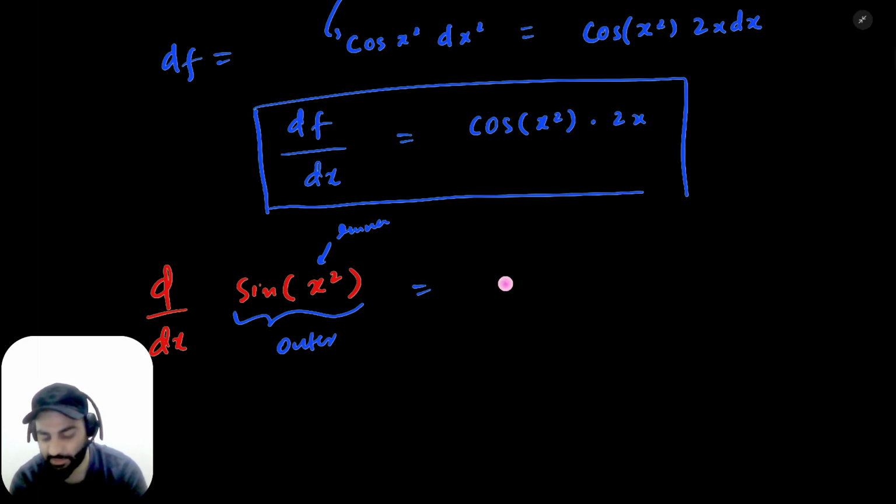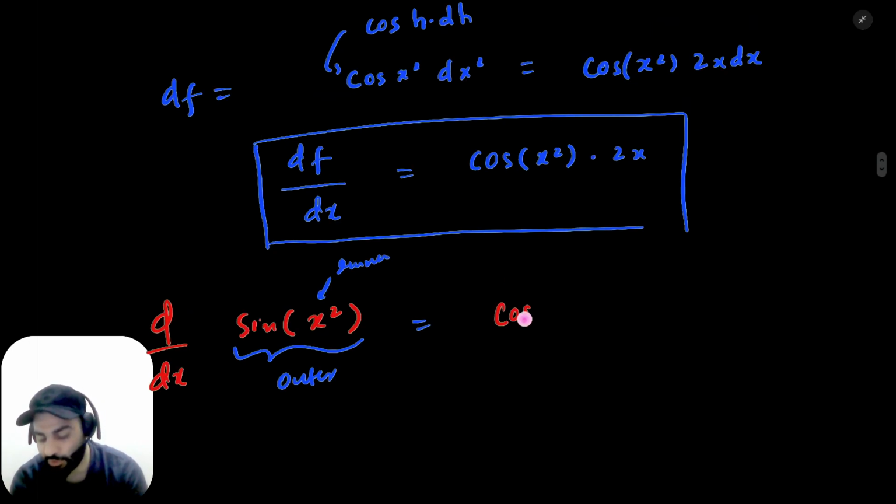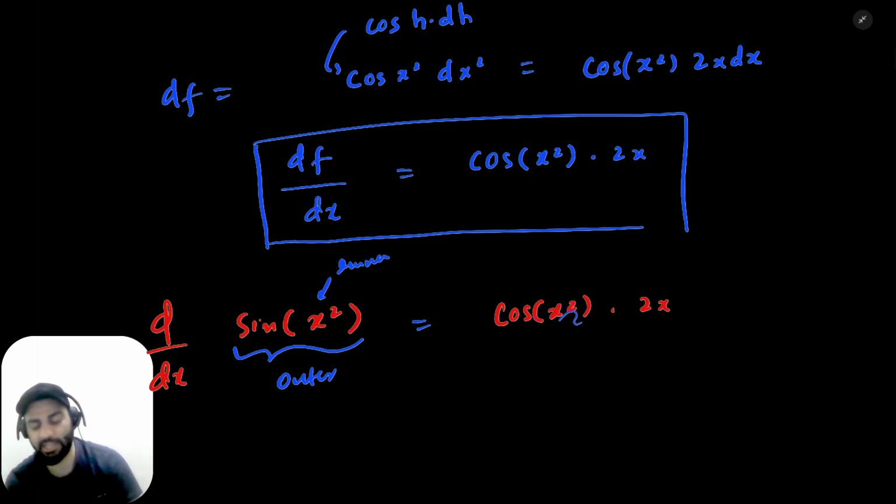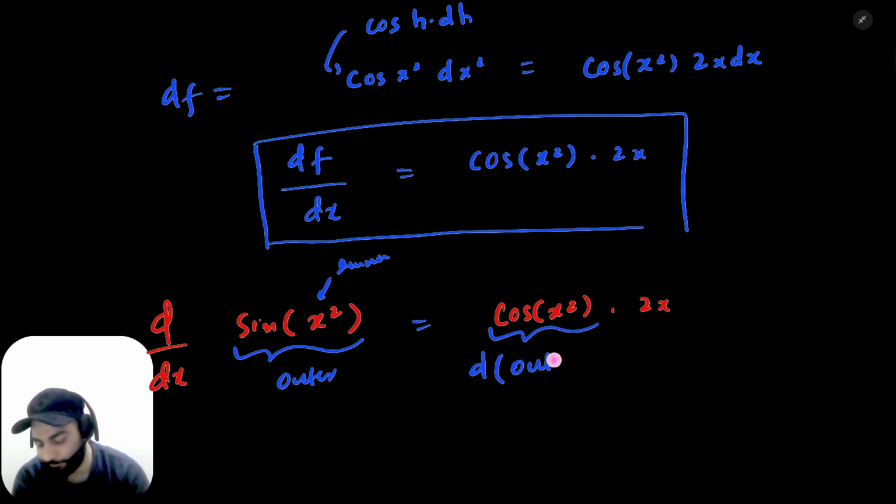What is cos of x square? It is the change in outer. And then we got 2x. We got cos of x square dot 2x. This is d of sine x, the change in the whole outer. So we can write this as d of outer.